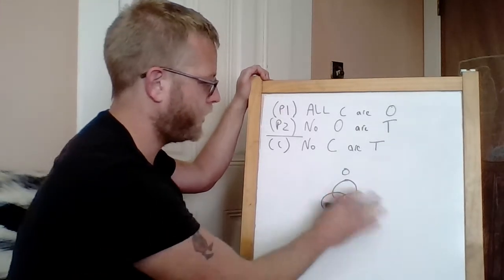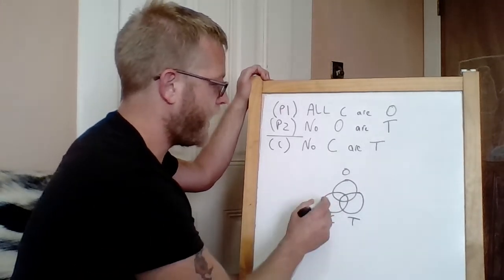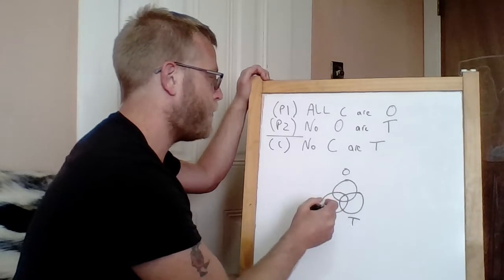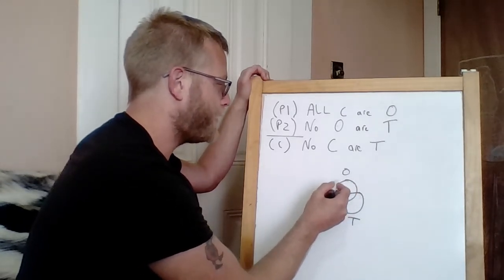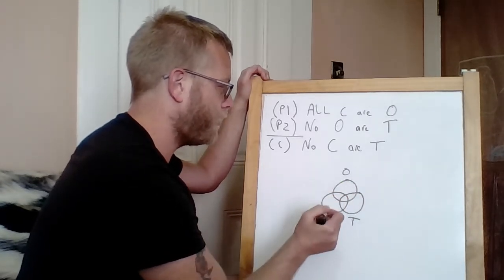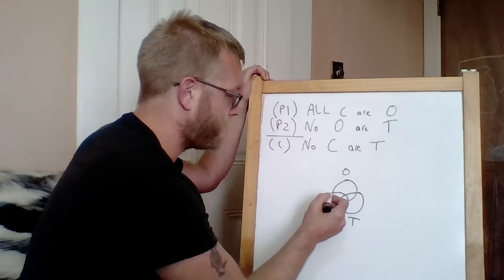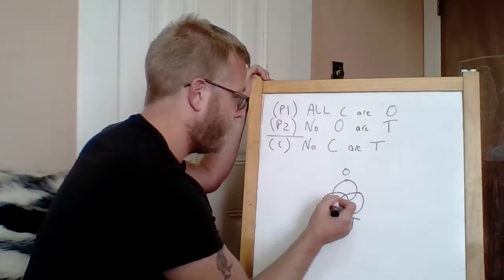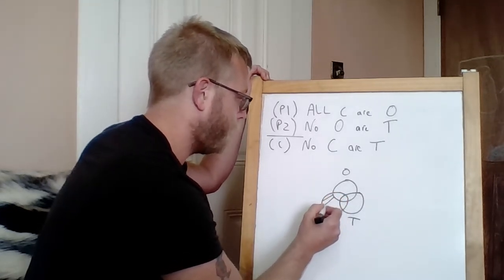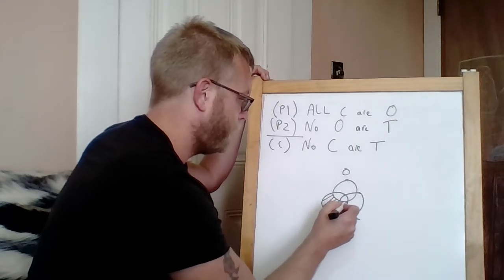Just ignore it. This is saying that if you're a member of C at all, then you've got to be somewhere in the O circle as well. And of course, the only spot that you can hang out is right here if you're going to be a C. So everything outside of the O circle is going to be blacked out, right?